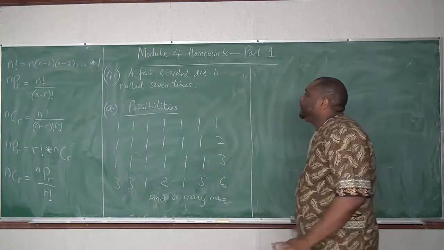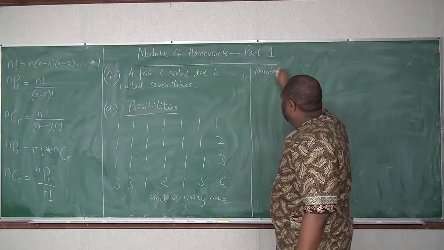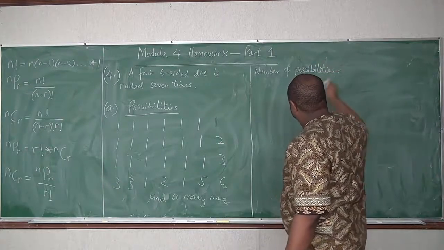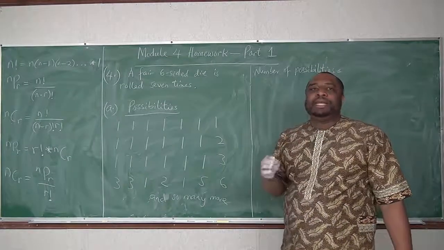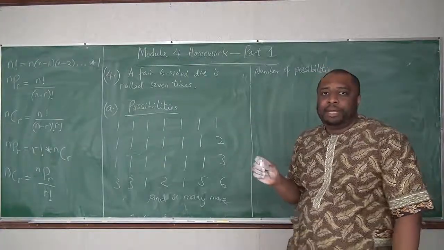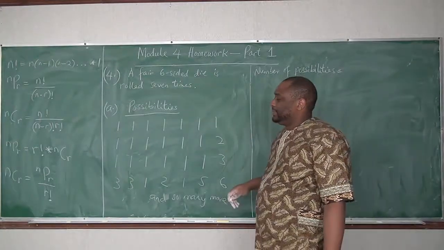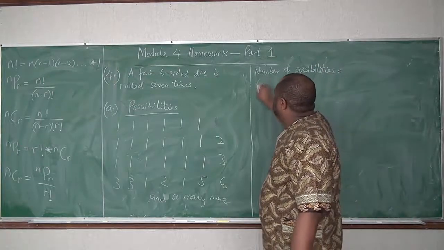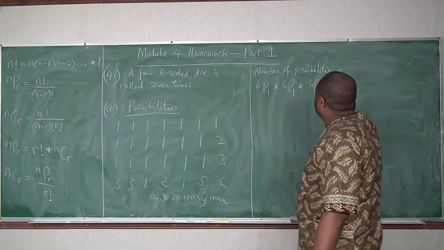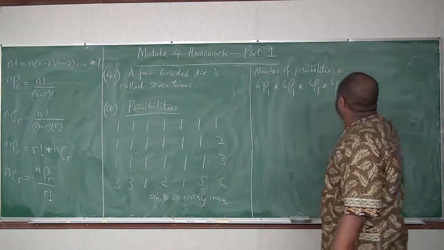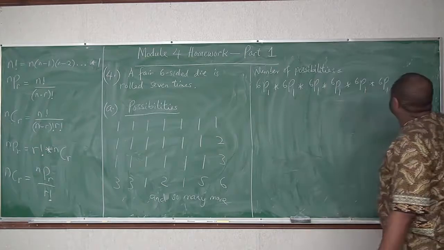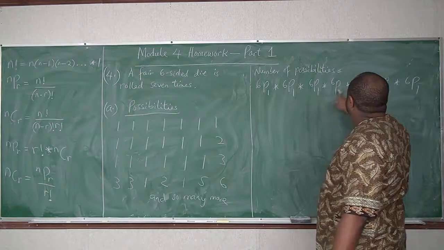So the cardinality of the sample space, or we can say the number of possibilities, because you're rolling this 7 times, and each die has 6 outcomes, so you have 6P1 times 6P1 times 6P1, seven times in total.